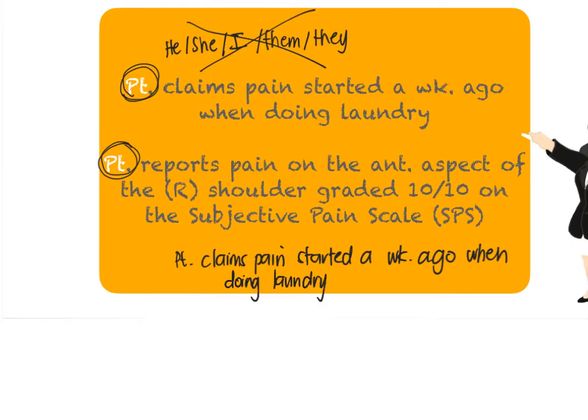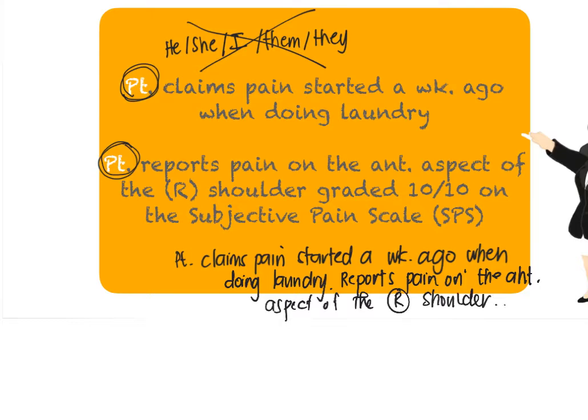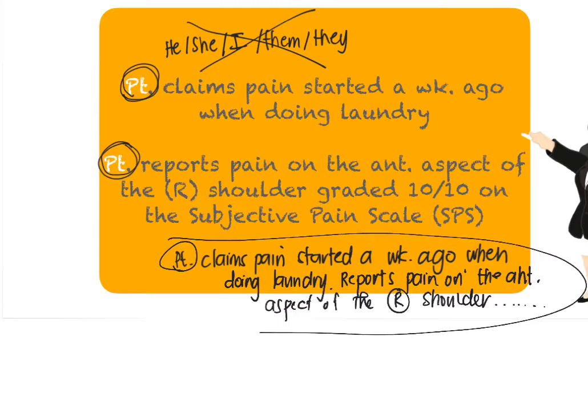Then you could add a period and then reports pain on the anterior aspect of the right shoulder, etc. So to avoid using patient at the beginning of each statement, you may write it this way.